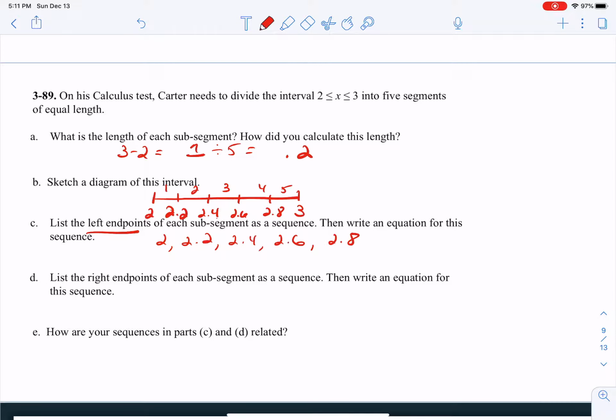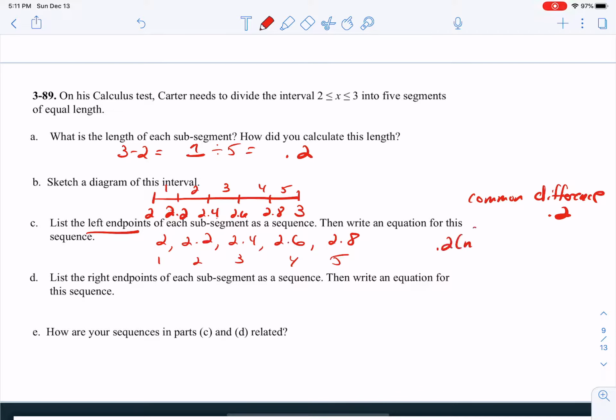So if I want to write an equation for this sequence, this is my first term, second term, third term, fourth term, fifth term, labeling the 5 different segments. And if you think back to algebra and geometry and algebra 2, where you were writing equations for arithmetic sequences, my common difference is 0.2.